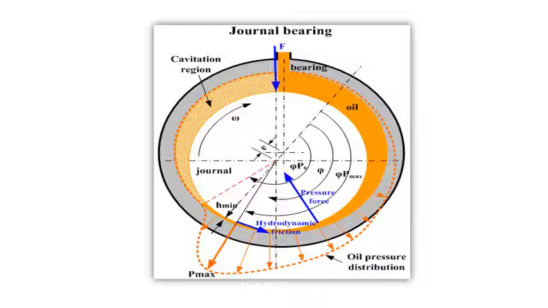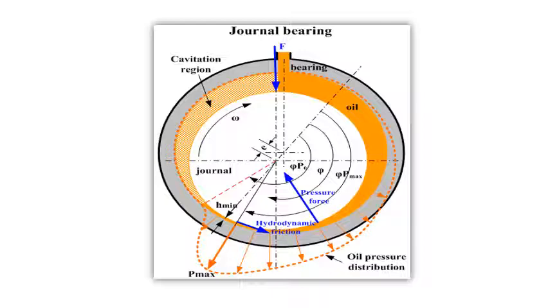So the oil pressure actually creates that supporting force which separates the journal from the bearing surface, and the force of this oil pressure or pressure force and hydrodynamic friction force actually counterbalance the external load.